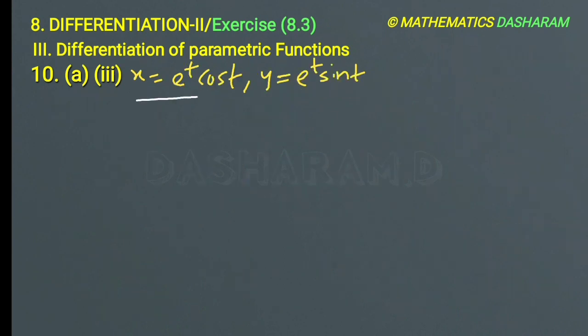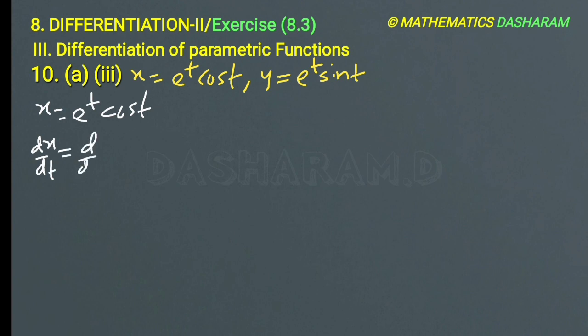Third question: x equals e power t into cos t, y equals e power t into sin t. X equals e power t into cos t. Do the derivative on both sides with respect to t. So d by dt of e power t into cos t. It is a product of two different functions, so apply the product rule.